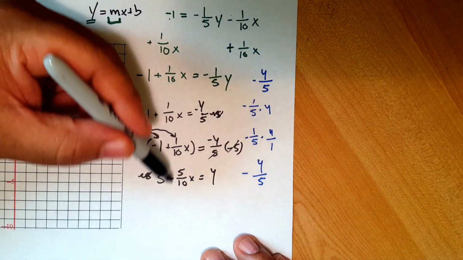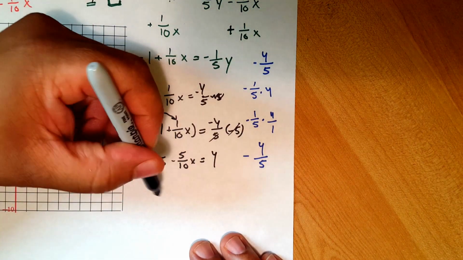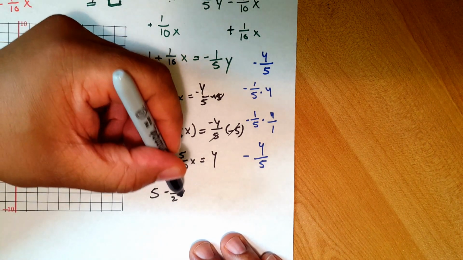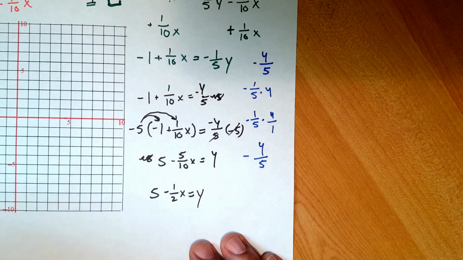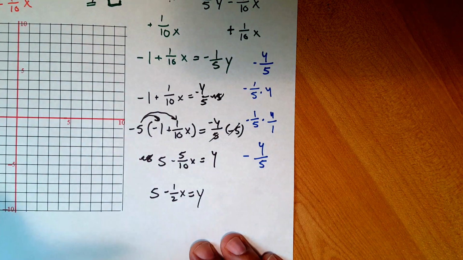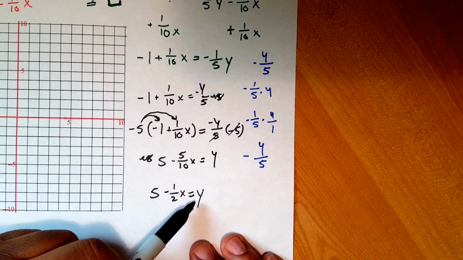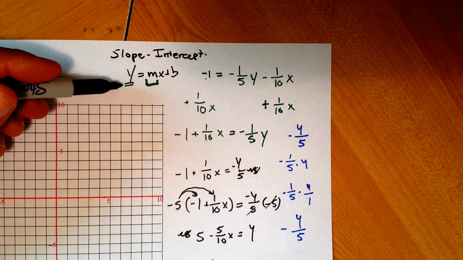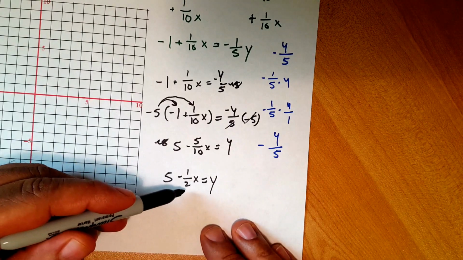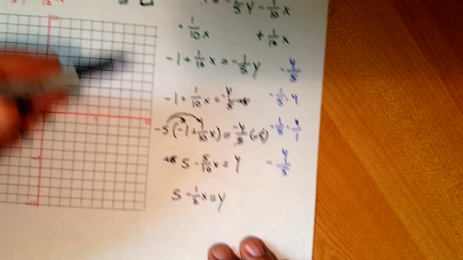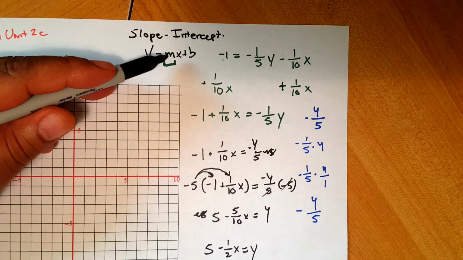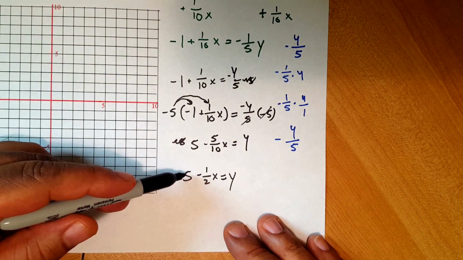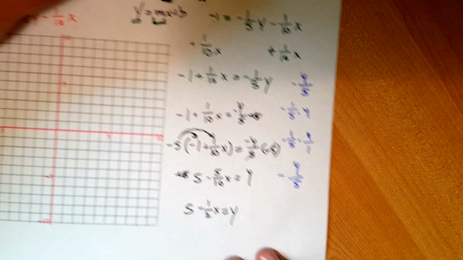We're going to simplify this 5 over 10. So now let's look at what we have. It looks kind of funky, but we'll rewrite it. Y by itself, like we want it, back up here. We have a coefficient in front of our x, like we wanted. And we have something just sitting there with no variable. That's our intercept, and we wanted that as well.